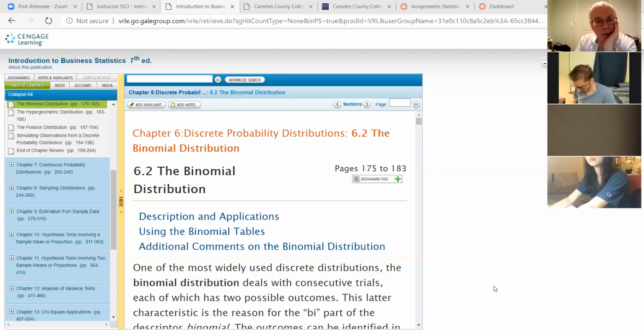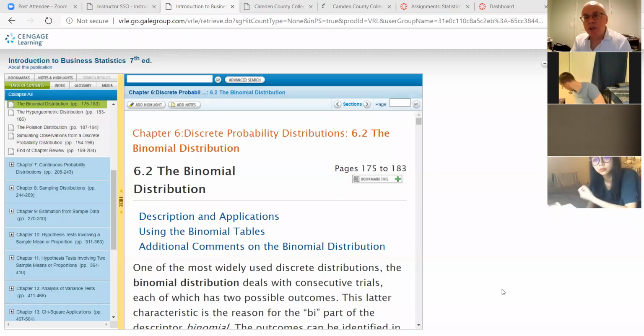Okay. So we'll at least introduce you to the binomial. The binomial is a special discrete probability distribution. This is the most important of the three that I will show you. I will show you all three that the book talks about, because sometimes in introductory courses, you just learn the binomial and that's it.